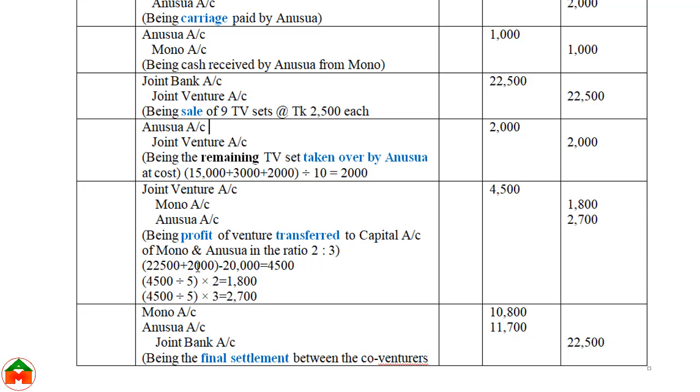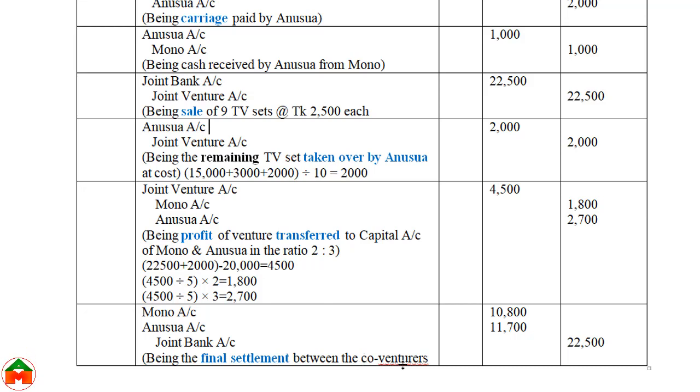It should be considered as sale proceed. Total sale proceed is 24,500 and total cost is 20,000. So after deducting this 20,000 from 24,500, the profit is 4,500, and this profit should be distributed in the ratio of 2:3. The final settlement should be provided to the co-venturers.